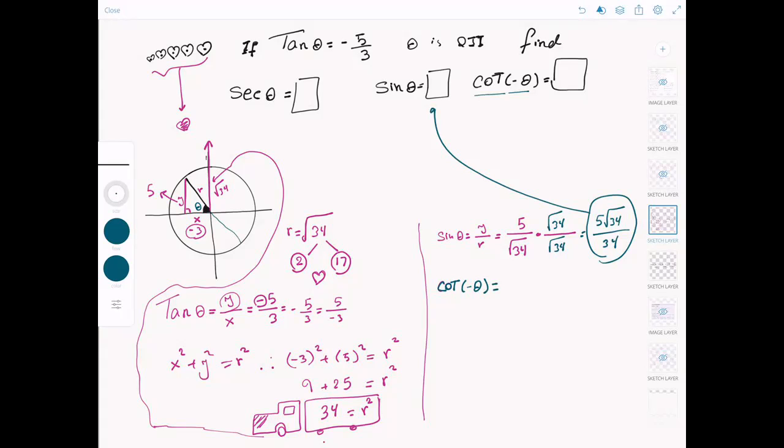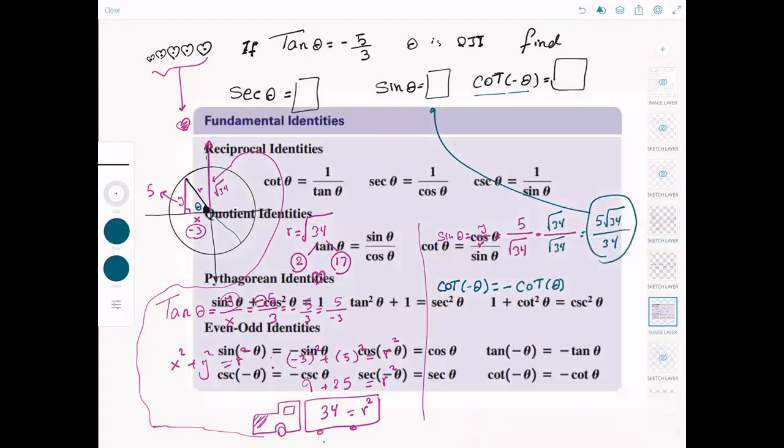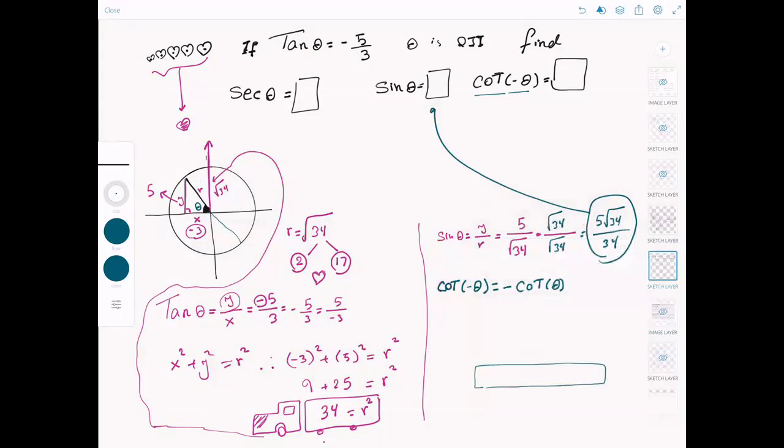We just learned that cotangent is odd. So cotangent of negative theta is negative cotangent of theta. Where did I get this? I got it from here: cotangent of negative theta equals negative cotangent of theta.